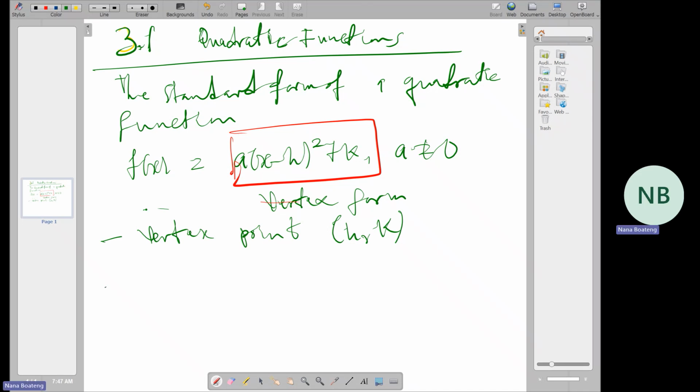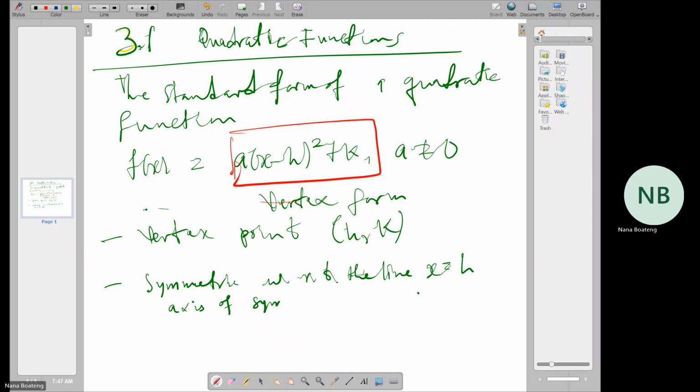We also say that this function or parabola is symmetric with respect to the line x is equal to h. We call this the axis of symmetry, or the line of symmetry, x is equal to h.